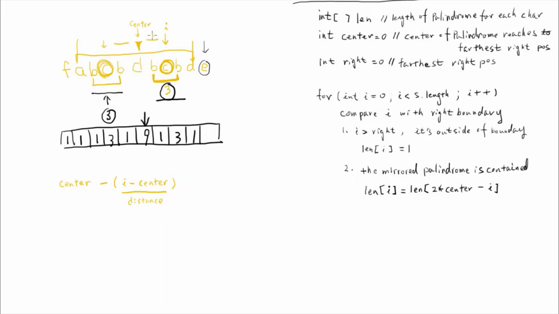So if here is a D and here is also D, this formula gives 2 times center minus I.